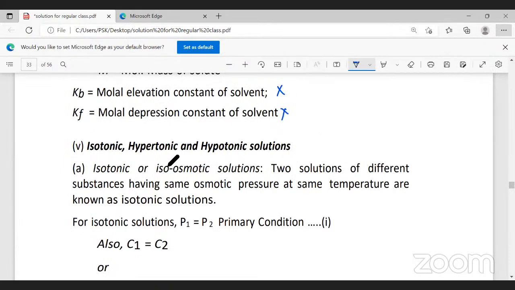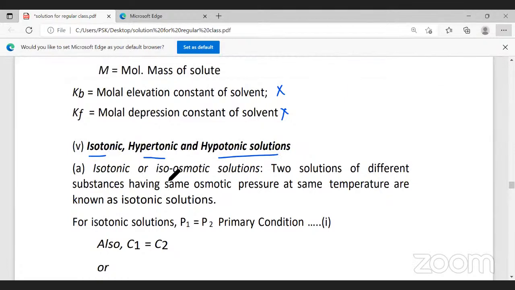Now, this is again important. What is this? This is isotonic, hypertonic, hypotonic solution. Now, what is isotonic? Isotonic is also called isoosmotic solution. Iso stands for same. When we say isoosmotic solution, two solutions of different substances having the same osmotic pressure at the same temperature are known as isotonic solutions.